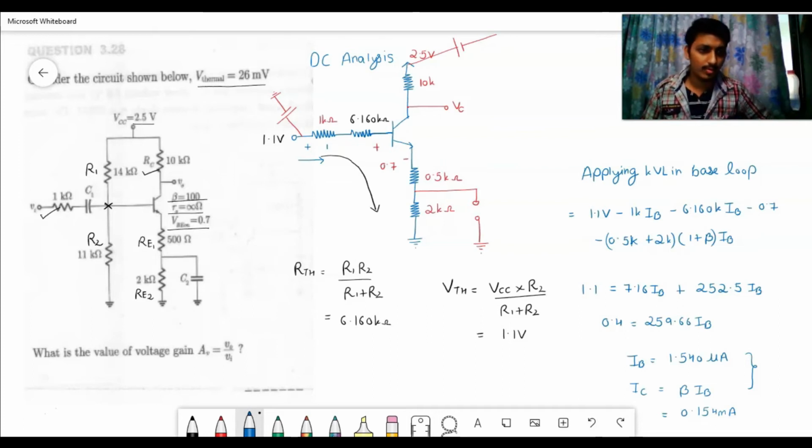If we switch to VC and VE, here it is VE and here it is VB.